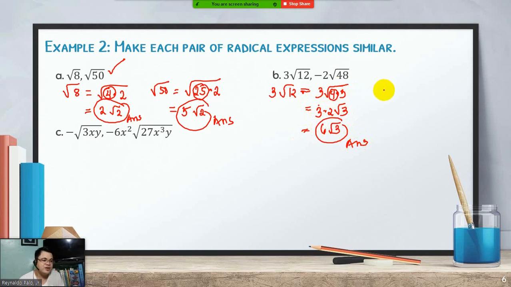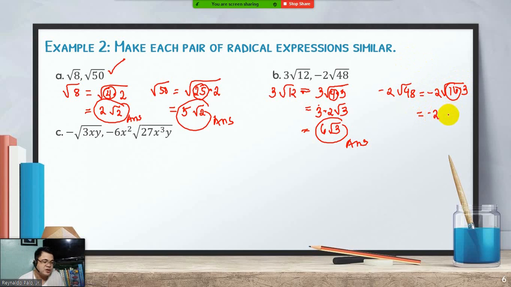Next, we have negative 2 square root of 48. Alright, so we're going to factor 48 so that we can get one perfect square. So negative 2 square root of, so what are the two factors of 48? So the two factors of 48 are 16 and 3. And 16 is a perfect square.